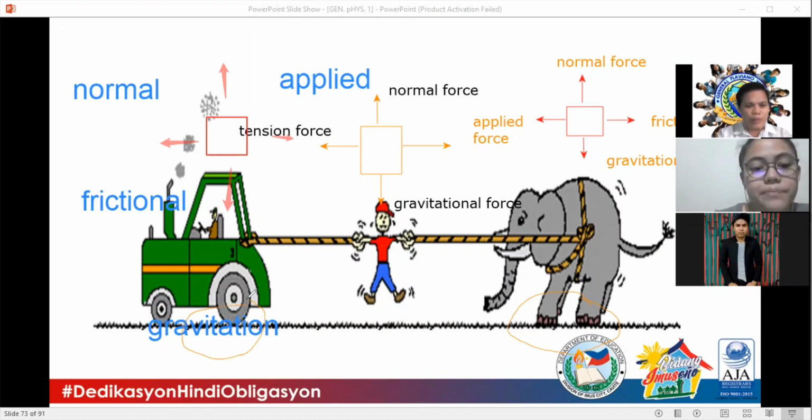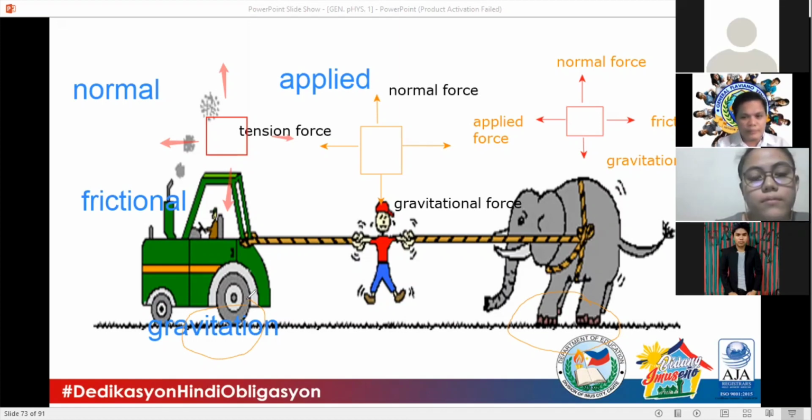Ikaw naman, anong pair of force yung nakikita mo dyan? Another pair of force po is applied and frictional force po. Yung applied po, kunwari sa truck, ay nasa harap kasi hinahatak po niya yung boy tsaka yung elephant, while yung frictional po is yung nasa likod.